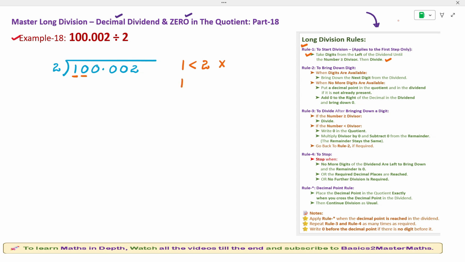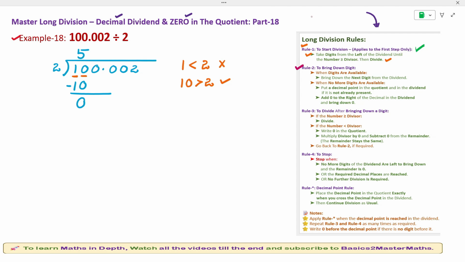Now, the number becomes 10, which is greater than the divisor 2. So, divide. 2 5s are 10. So, you will get 0 as the remainder. Now, rule 1 is complete.